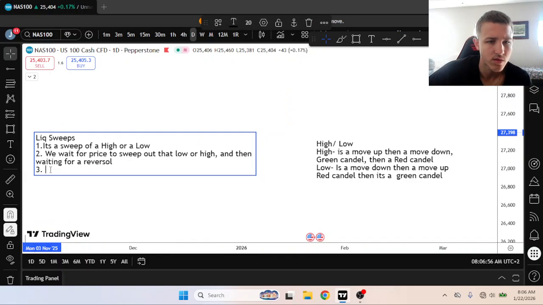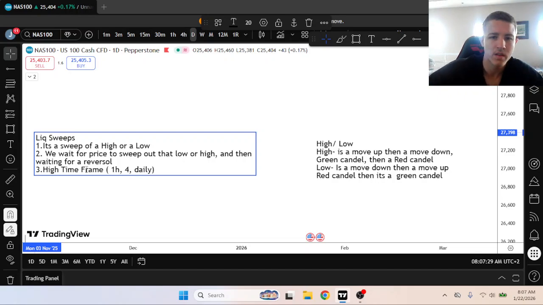Okay, so the third one is, we said wait for price to sweep out the low or high, and then we wait for reversal. The best liquidity sweep to find is on the high time frame, meaning the 1 hour, the 4 hour, and the daily candle.